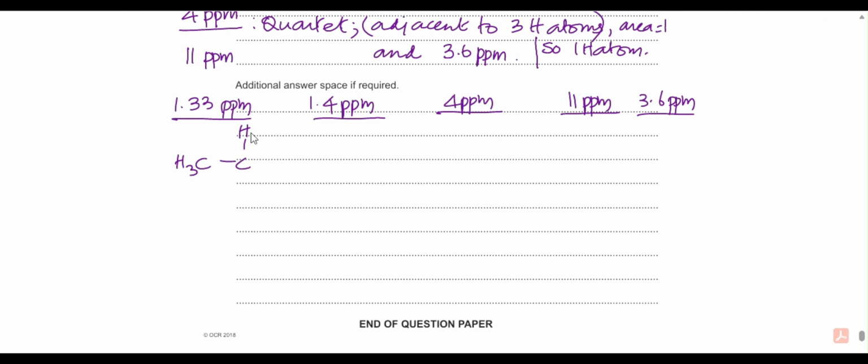Okay, that is this one. And for 1.4 ppm we saw that there were 6 hydrogen atoms and next to 0 hydrogen atoms. So it is CH3, CH3, and then to complete the 4 bonds.